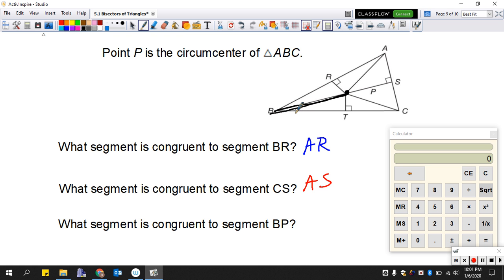Well, that is any of these, either AP or CP. Both are congruent because this is equidistant from all three vertices of the triangle.